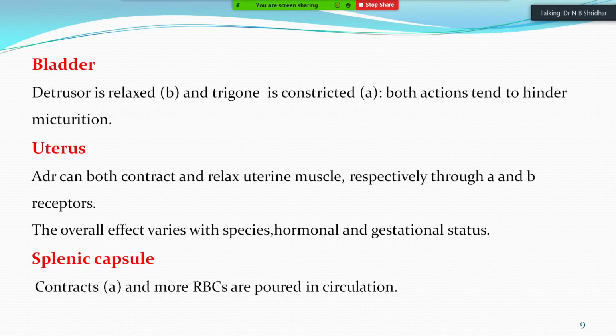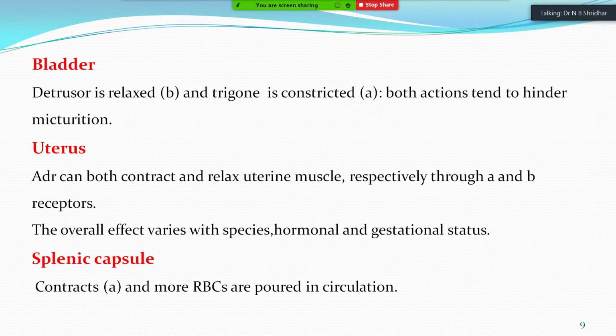And terbutaline, a beta 2 adrenergic specific receptor agonist, is the drug administered whenever there is a threatened abortion. This is the basis for that. Overall effect varies with species, hormonal and gestational status.